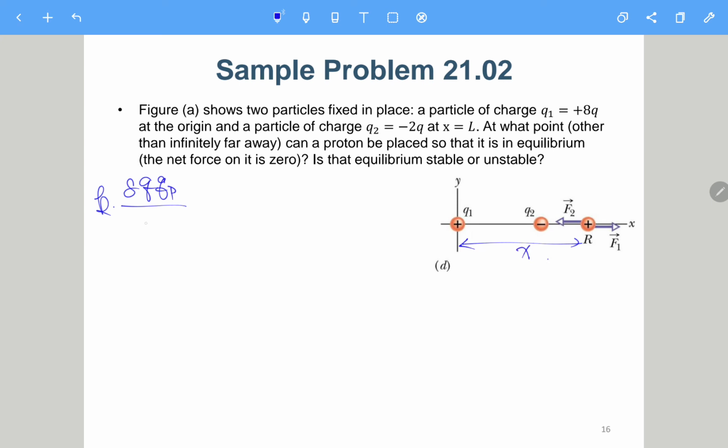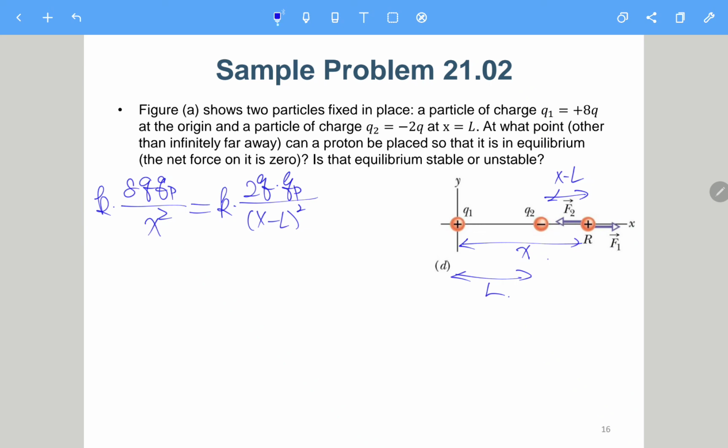It should be equal to K times 2Q times QP over x minus L squared, because the distance between Q1 and Q2 is a capital L.